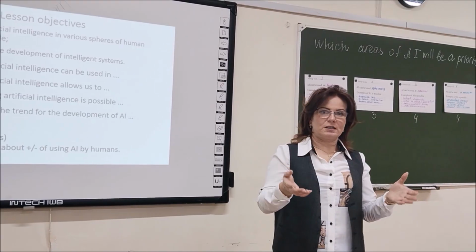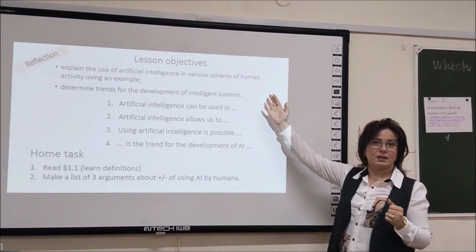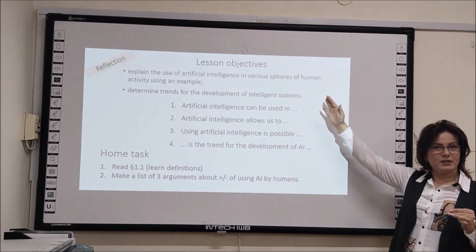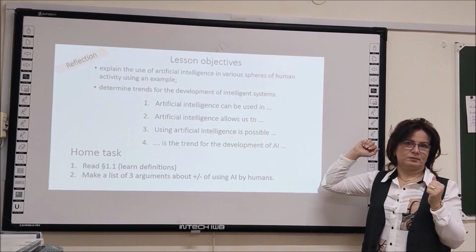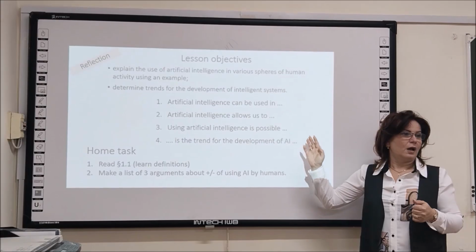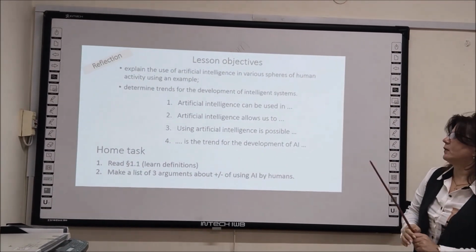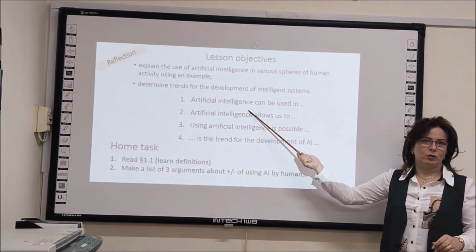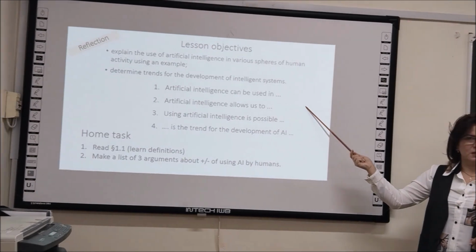Let's revise the objectives of our lesson. Read these objectives and draw a plus if these objectives are achieved for you. For reflection on our lesson, in your copybook, finish these sentences. Write down the beginning of the sentences and finish the end of the sentences.